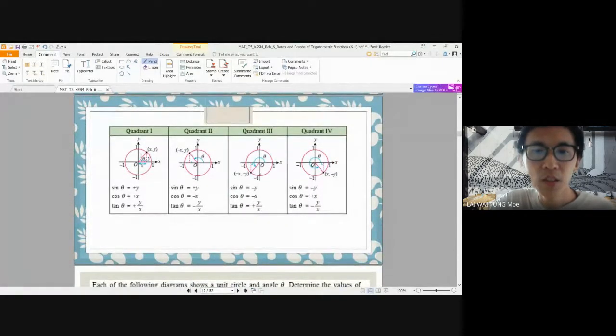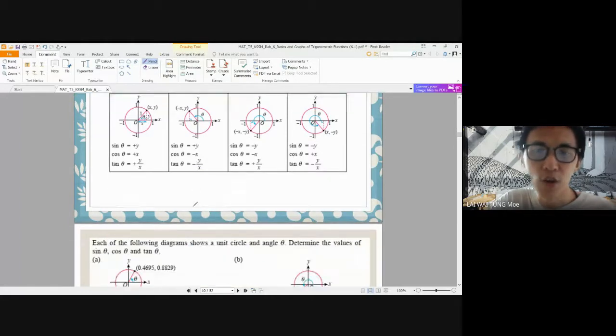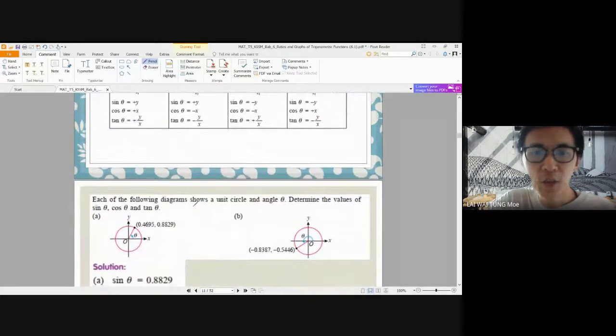Every quadrant is the same: sin refers to y, cos refers to x, and tangent refers to y over x. But for the positive or negative sign, we use the acronym again, add sugar to coffee, so that we know which one is positive or negative in each quadrant.